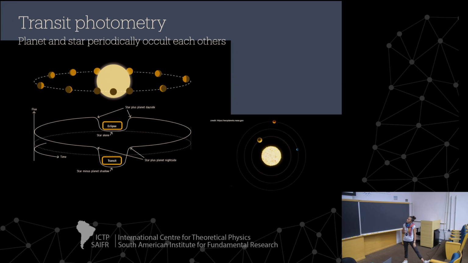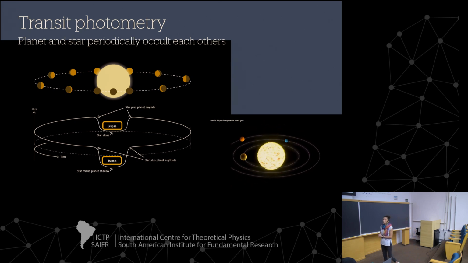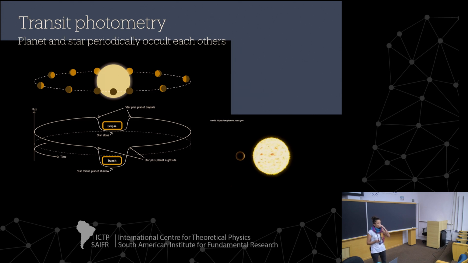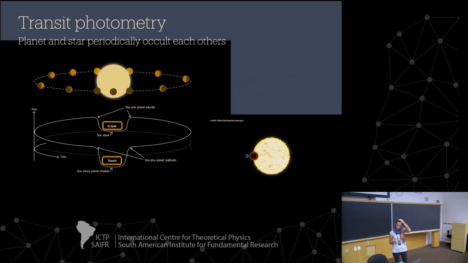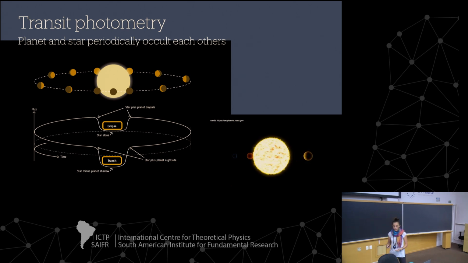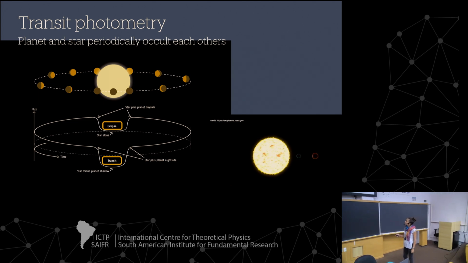Right, then we have transit photometry. So basically, it's a concept of occultation. In here, it was a revolution because we could indeed measure the size of the exoplanet, because it's just the ratio between the surface area of the star and the surface area of the exoplanet.